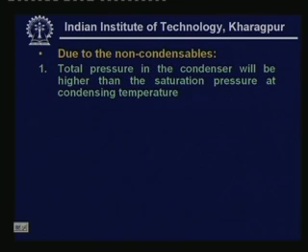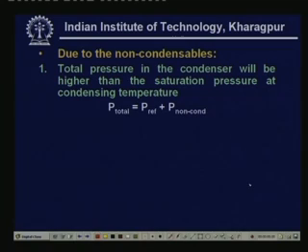The first effect is that the total pressure in the condenser will be higher than the saturation pressure at the condensing temperature. That means the total pressure is equal to P saturated at the condensing temperature, that is P ref, plus P non-condensable. Here in this expression, this is the total pressure, this is the partial pressure of the refrigerant, and this is the partial pressure of the non-condensable gases.